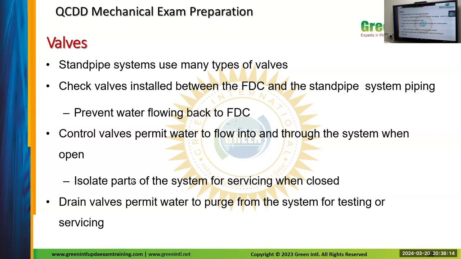The water from the fire department connection may not be potable, it may not be drinking water. So if you are connecting to the standpipe systems, it will mix with the municipal water connection. So there will be a check valve to avoid this. And also to prevent water flow back to the FDC. If there is no check valve, if the pressure development is more, there will be a backflow.